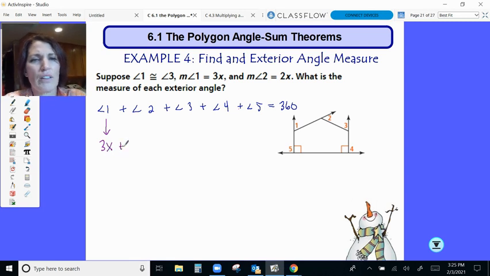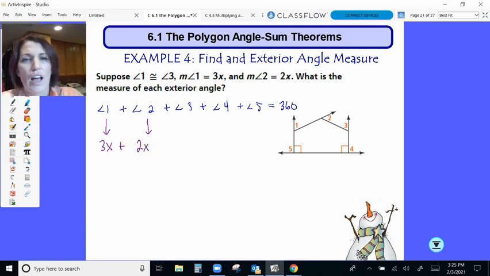Put 3x in for angle 1. I know that measure of angle 2 is equal to 2x, so I'll put 2x here. I know that the measure of angle 3 and angle 1 are the same, so I can put 3x in here for angle 3. And 4 and 5 are both 90 degrees, so plus 90, plus 90, and that has to all equal 360 degrees.